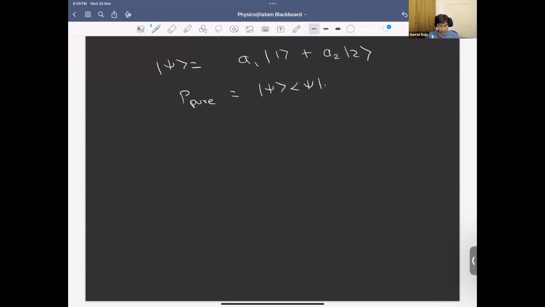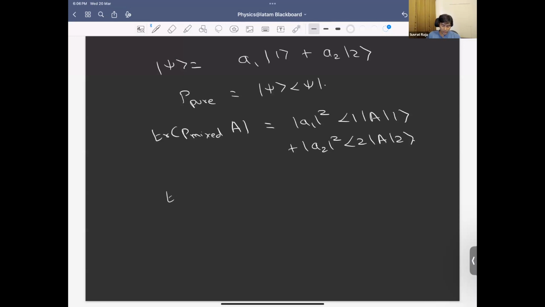For instance, if you measure a general expectation value of some operator A, then in the mixed state you would get mod A1 squared <1|A|1> plus mod A2 squared <2|A|2>.